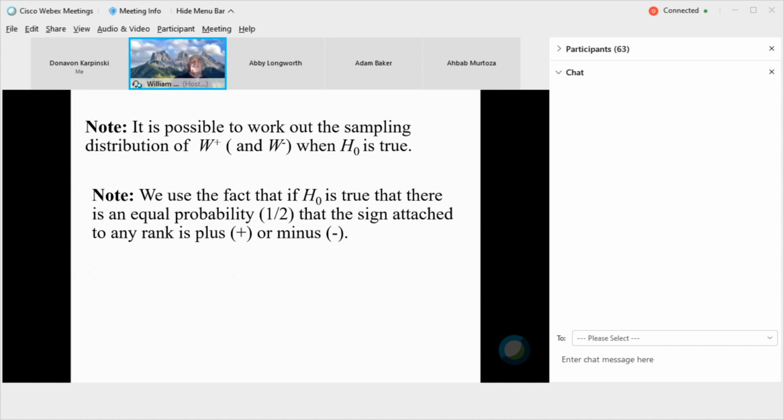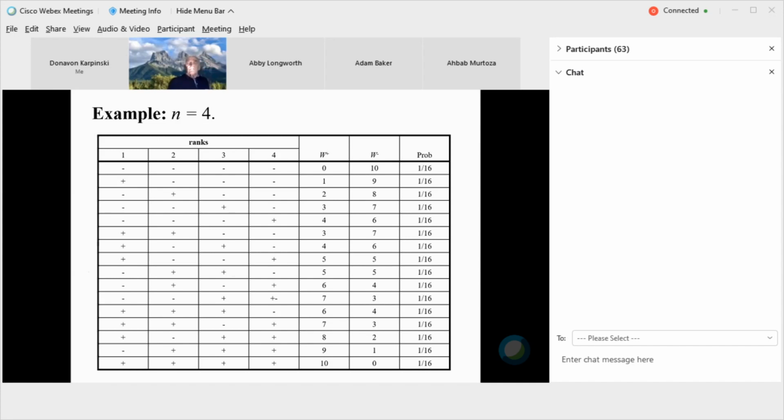You can work out the distribution of W plus and W negative when H naught is true. Use the fact that if H naught is true, there's an equal chance, 1/2, that the sign attached to the rank will be plus or minus. So suppose you had n equal to 4.